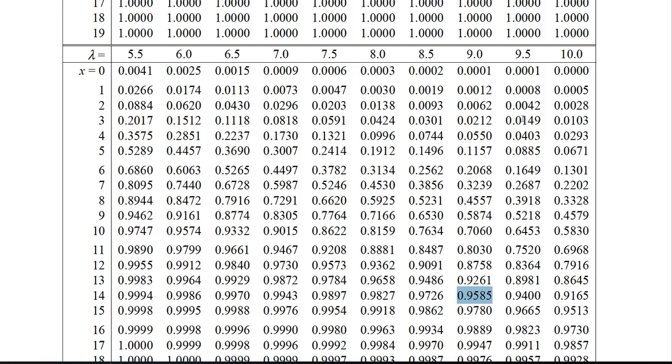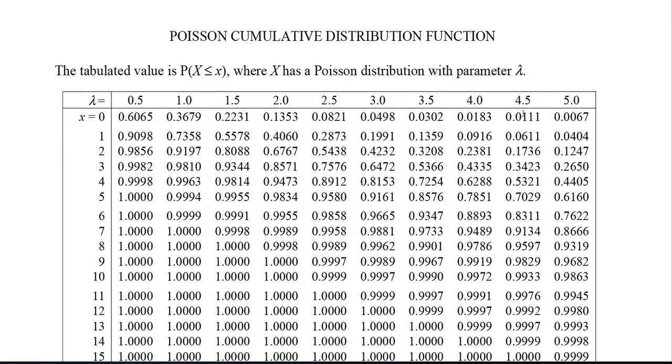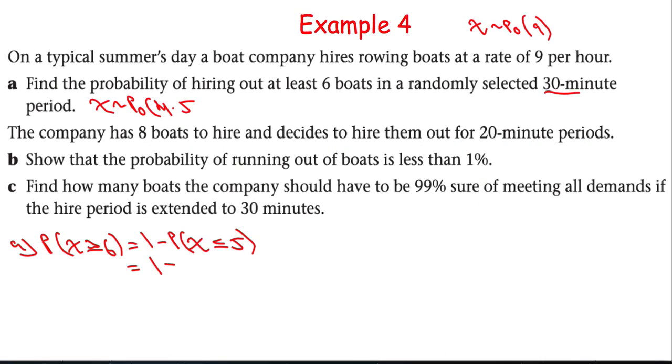Remembering lambda here is 4.5, and we want less than or equal to 5, which is here, 0.7029. And when we put that into our calculator, we get 0.2971.